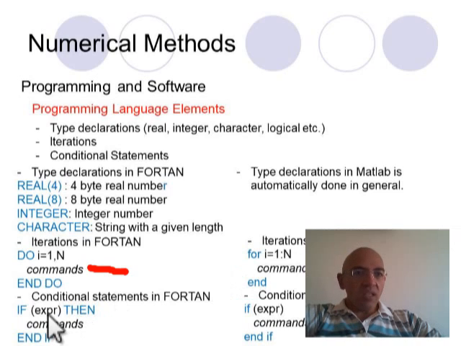If x, just think that you have a variable which is x. If x is greater than 5, then write 1 on the screen, and you close the conditional statement with the end command.